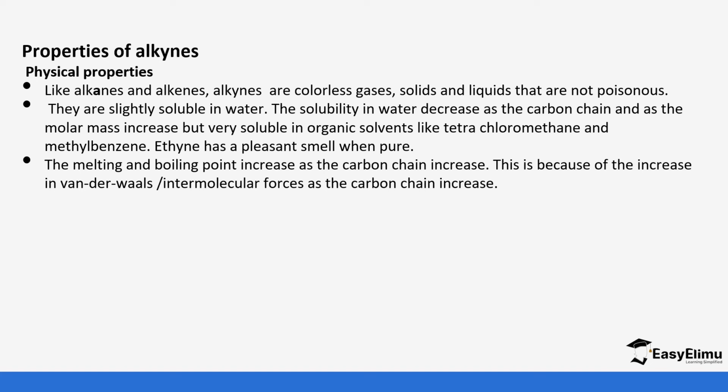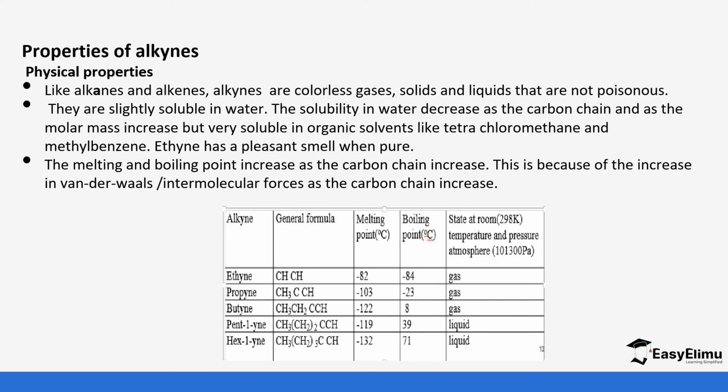We need more energy to break the stronger van der Waals forces that are formed from the sides of the molecule. The bigger the size, the stronger the van der Waals forces, and the higher the melting point and boiling point. You can see from this summary, ethane, propane, and butane are gases at room temperature, and pentane and hexane are liquids.